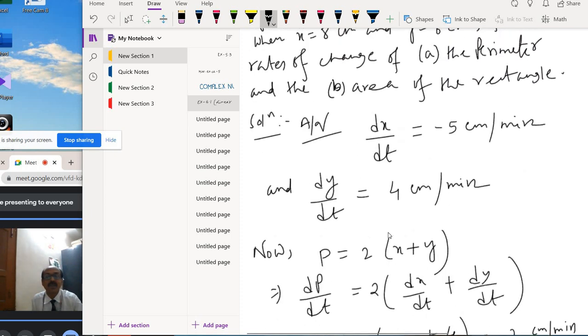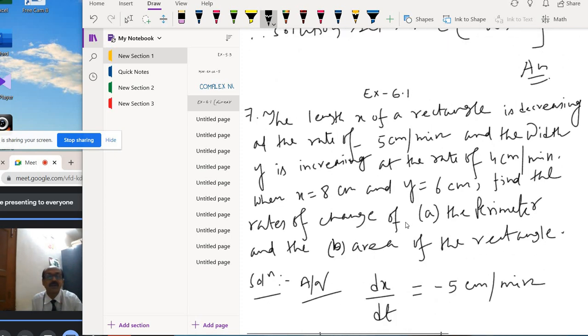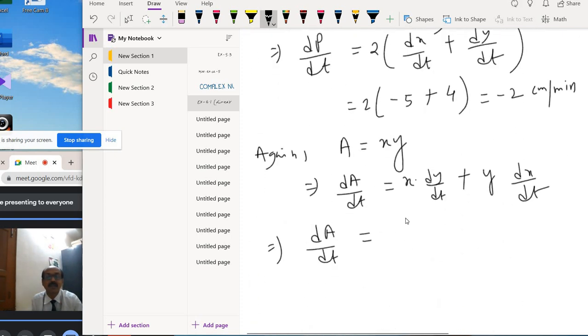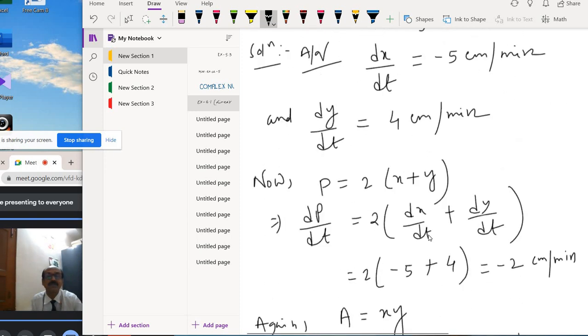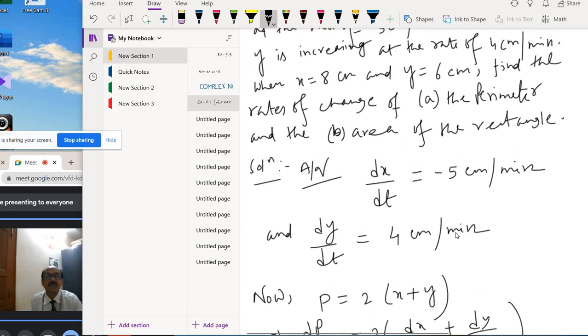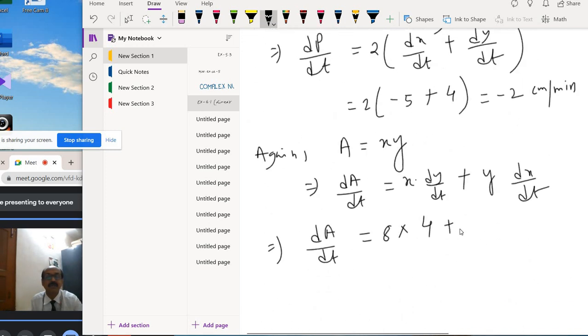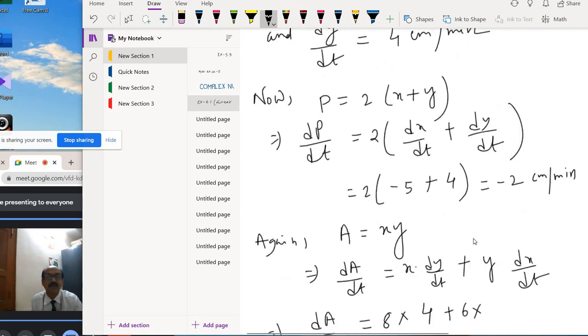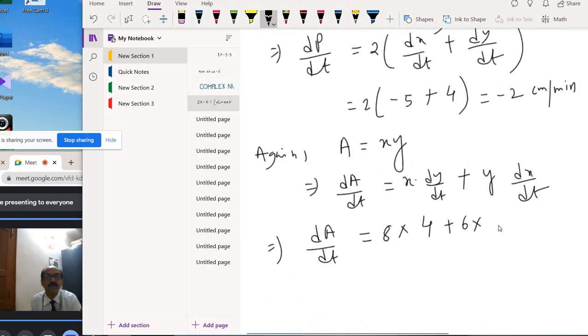Okay, so dA by dt equals, as given in the question, x equals 8 and y equals 6. So 8 into dy by dt, 4, so 8 into 4, plus y equals 6, 6 into dx by dt, which is minus 5.